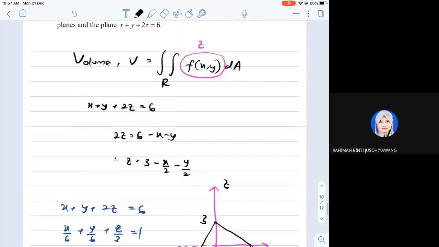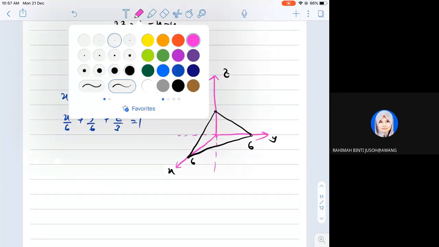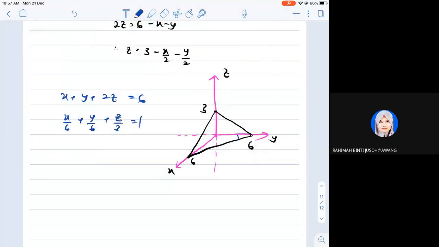Always bear in mind, guys, when we have region R, it means 2D, two dimensions, meaning x and y exist, the XY plane. If you look from above, we can see this region. This is your region R on the X and Y axis.